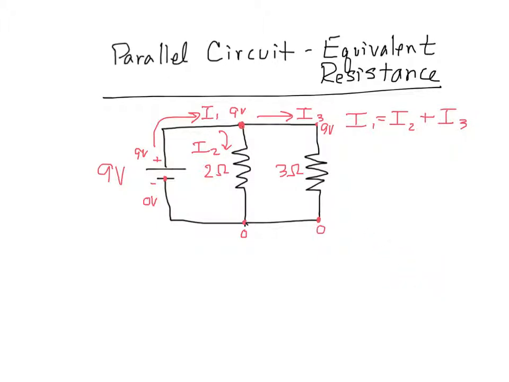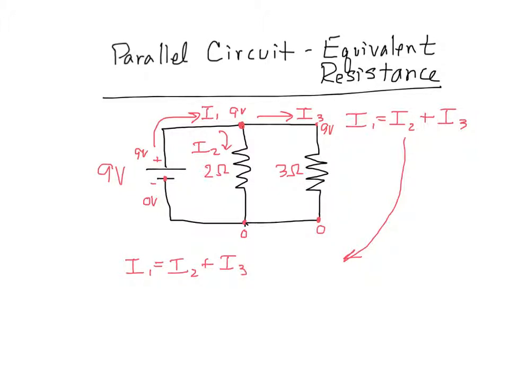Now we can do a little circuit analysis with that information. What we're going to say is that across the 2 ohm resistor, hang on. Sorry, I'm going to start with this right here. So I1 equals I2 plus I3.